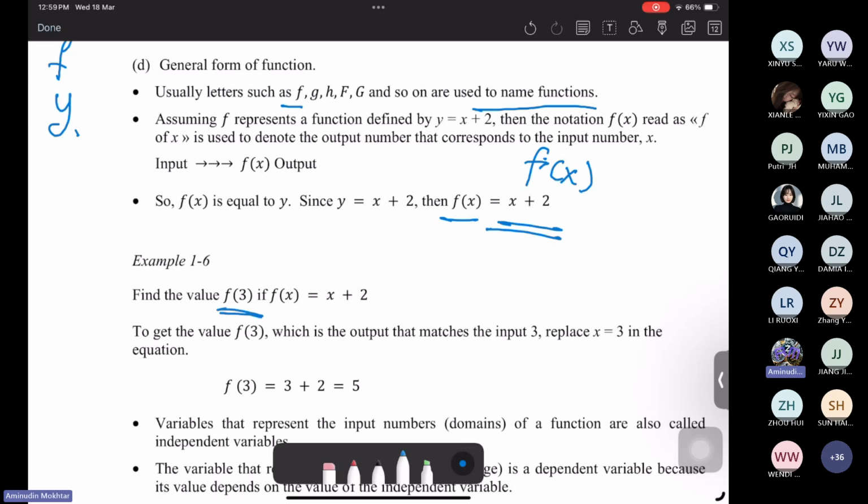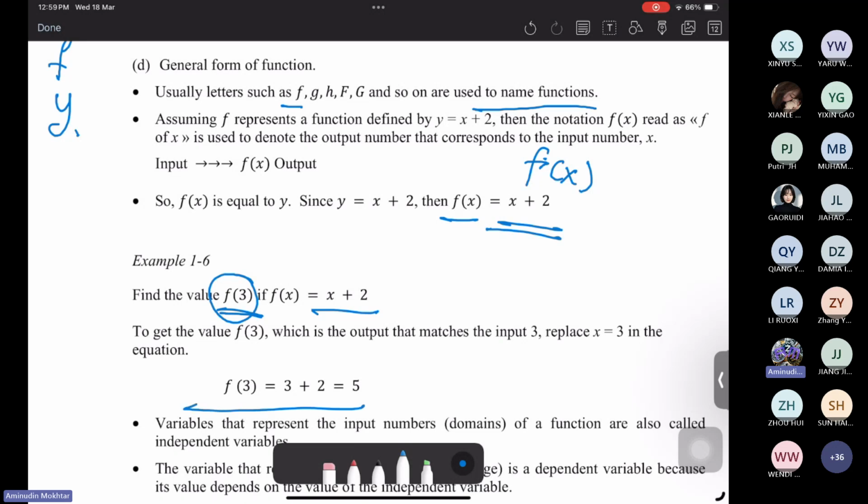What does it mean by find f(3) if f(x) equals x plus 2? This refers to the situation where we replace x with the input 3. That's why we have f(3) equals 3 plus 2 equals 5.